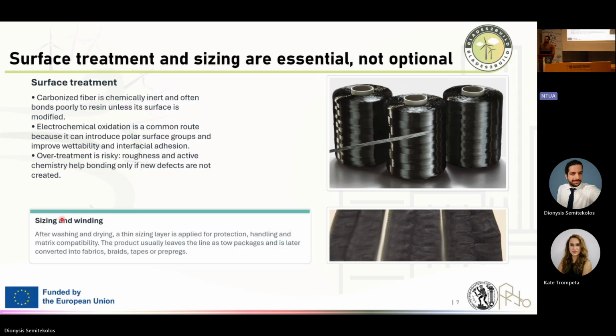We can decorate it with nanomaterials, for example. This way, we can increase the area of the interface, and the interface is a very important factor in composites. Having a strong interface is really important because then we don't have weak interlaminar forces. The composites can withstand higher shear stresses, which is important.